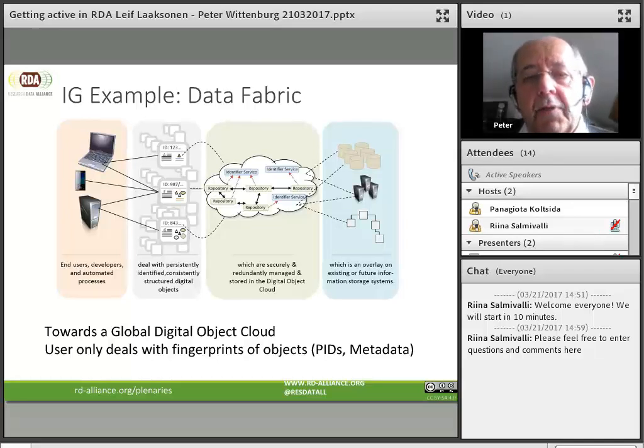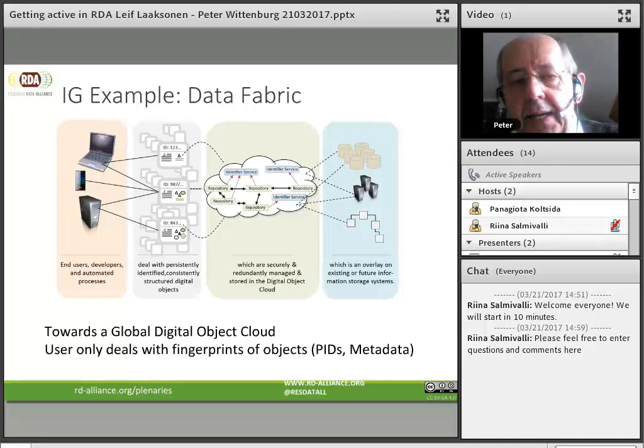Users should never be interested, except for very specific high performance applications, in how things are stored, basically. So on the right side. Users are also not so much interested in which service now produces the PID records or the metadata. So they just want to work with these digital fingerprints.